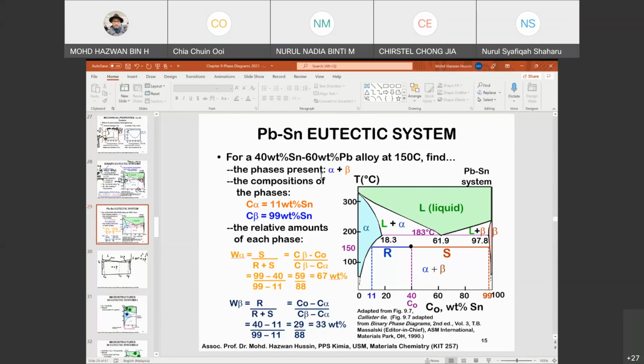The question gives 40% tin, which is information number one. Information number two is the temperature, equal to 150. So first, find 40% of tin over here. You just draw the straight arrow here, to 150, and you know that this is your point.